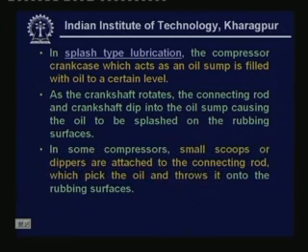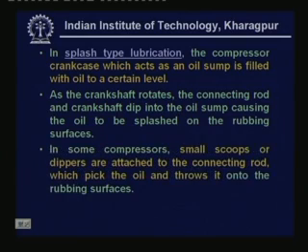So that is why you call it splash type of lubrication, okay. And since the oil is splashed, it fills the gaps and provides the lubrication, and because of gravity it will fall down, and again it will be picked up, and again it will be splashed, okay. So this is the principle of splash type lubrication.